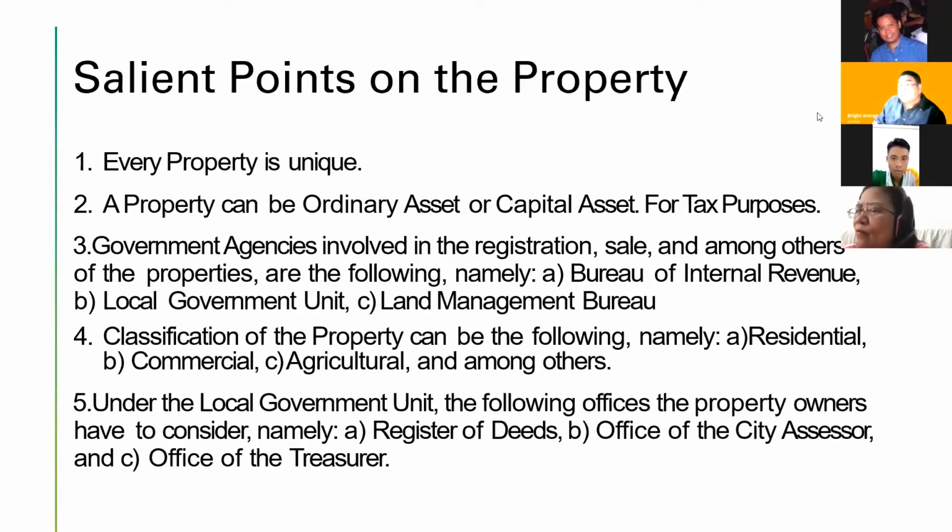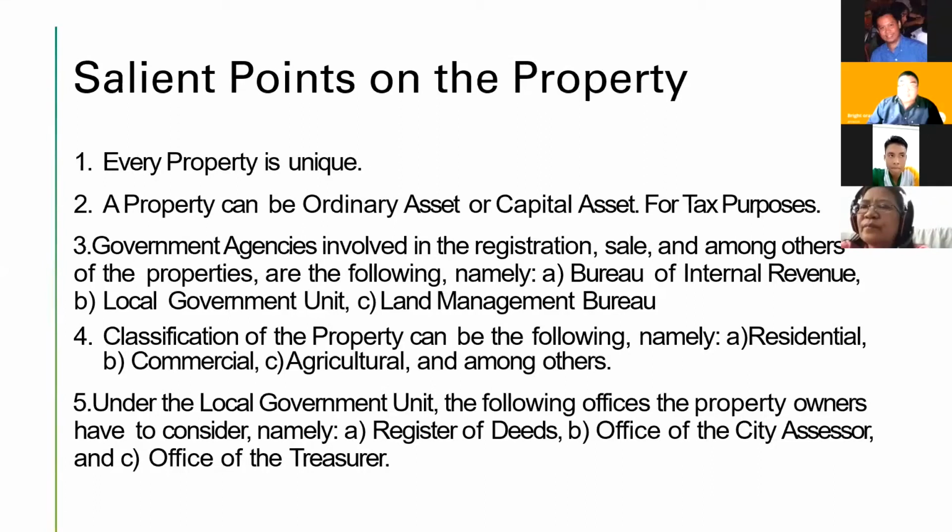And under ordinary asset, the taxpayer will have to pay 12% VAT on top of the creditable withholding tax, or the EWT, around 1.5% up to 5%. Usually the capital gains tax is for the capital asset. A capital asset is for properties that are used only for residential purposes, and the capital gains tax is 6%.